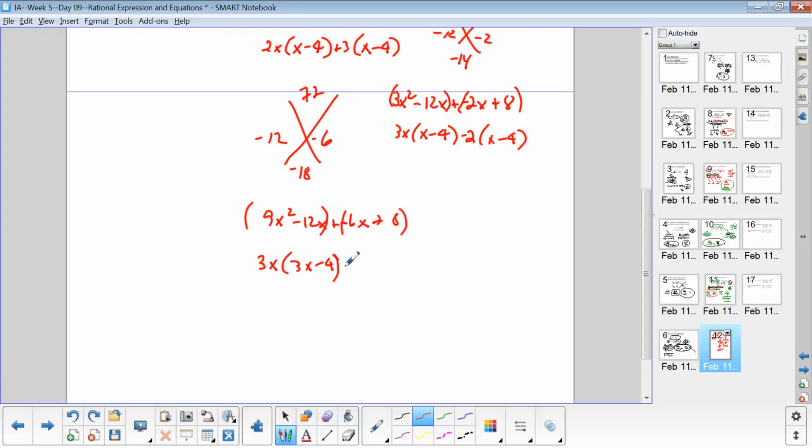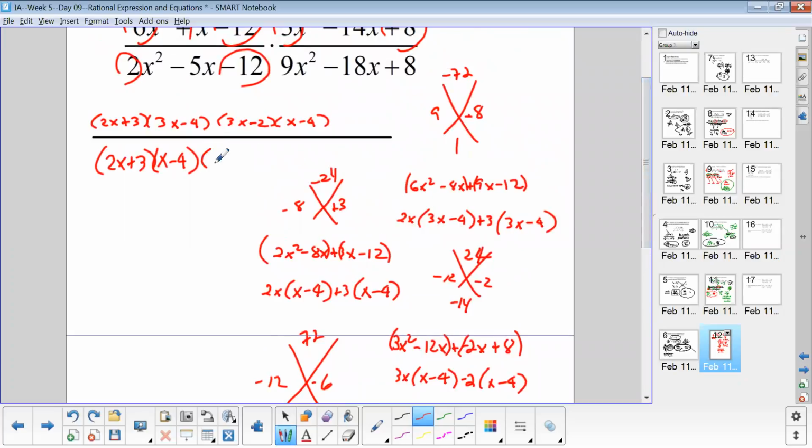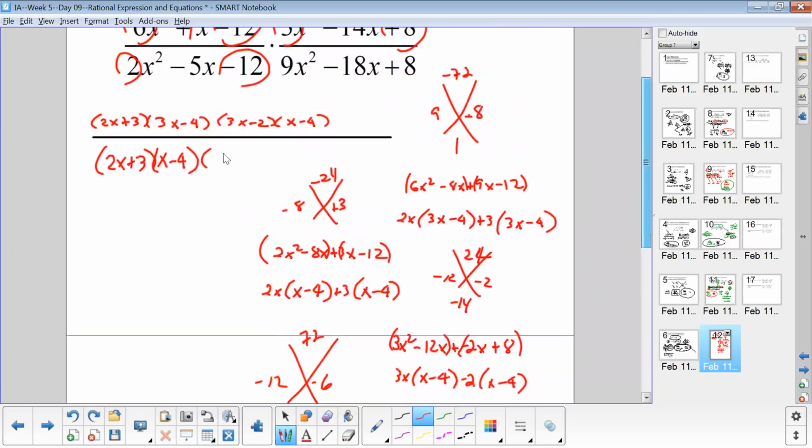That's a negative 6, that'll be a negative 2, so that'll be 3x, and then 8 divided by negative 2 would be negative 4. So you're going to get 3x minus 2 and 3x minus 4. So those would be placed right here. 3x minus 2, 3x minus 4.